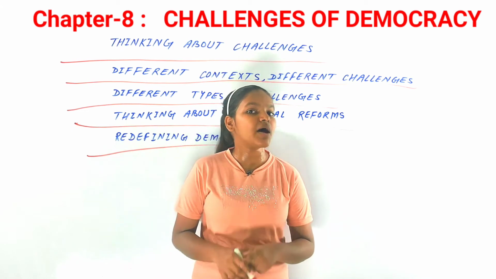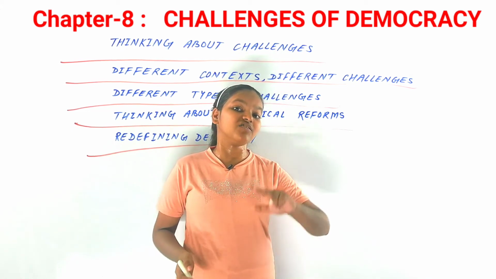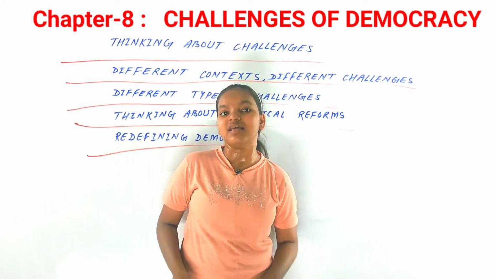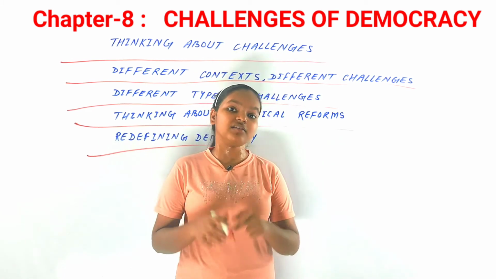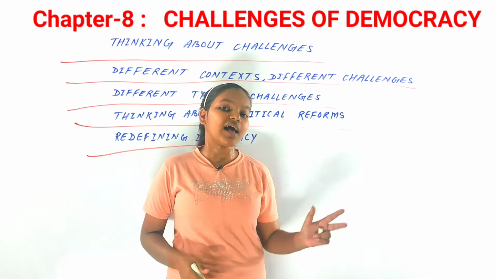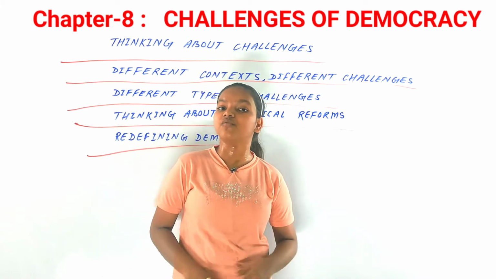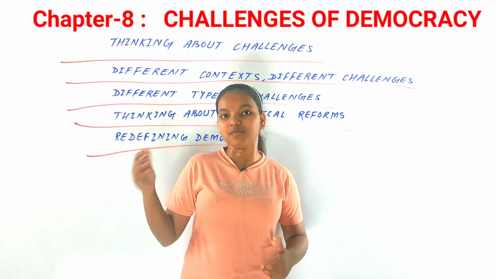Now let us discuss redefining democracy. The simplest definition of democracy that we discussed in class 9 political science, chapter 1, was that democracy is a form of government where rulers are elected by the people.